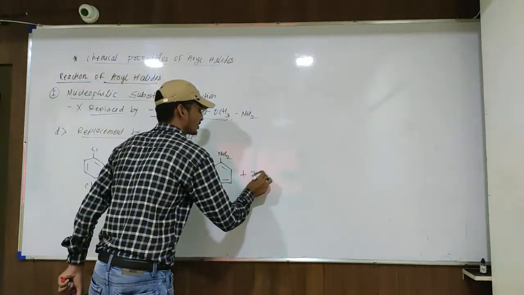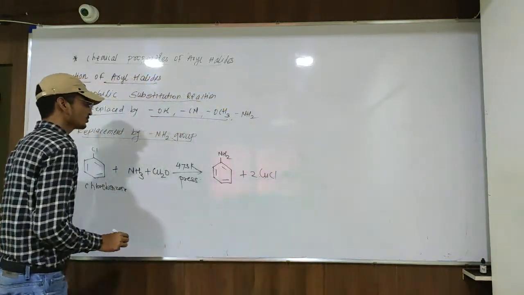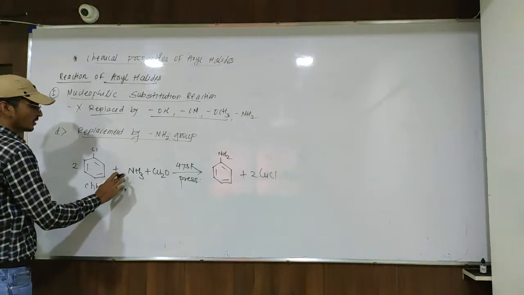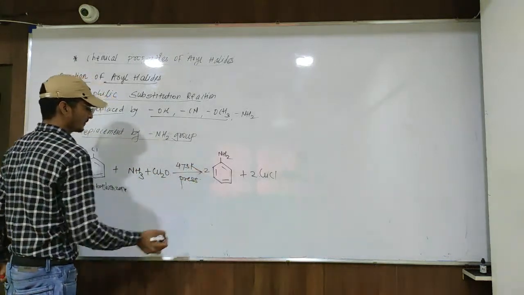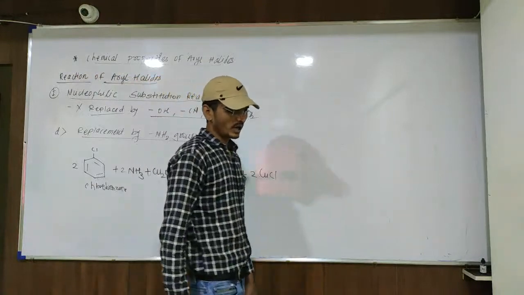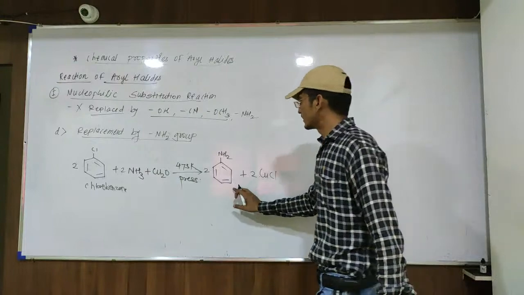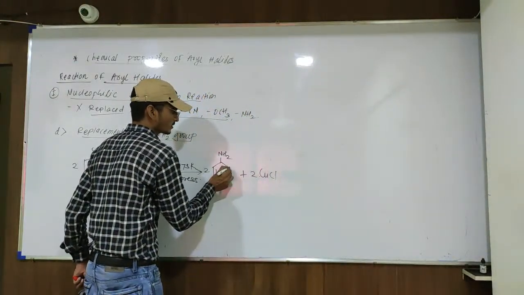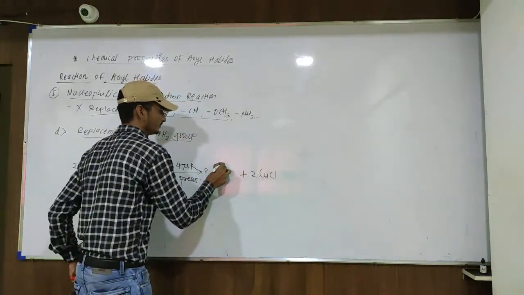Okay. So what is the byproduct here? CuCl. Byproduct काय मिळालं, CuCl. So for the balance, you can take here 2 times of chlorobenzene. So you will get 2 times of aniline here. You will take 2 times of ammonia, and then you will get the required product, that is nothing but the aniline. But what is the byproduct here? Byproduct here is cuprous chloride, and there is elimination of water.